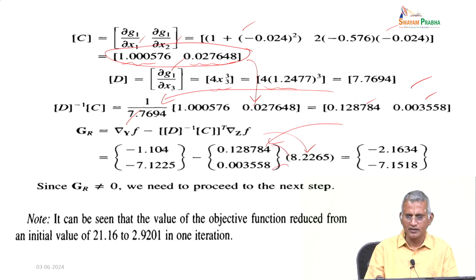Multiply this and simplify, you get minus 2.1634 and minus 7.1518. Since G_R is not equal to 0, we need to proceed to the next step. Now, we have a note: the objective function reduced from an initial value of 2.16 to 2.19201 in one iteration.